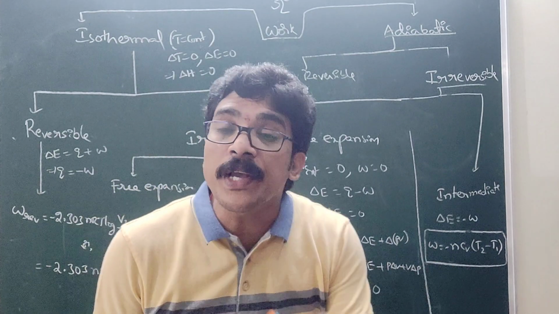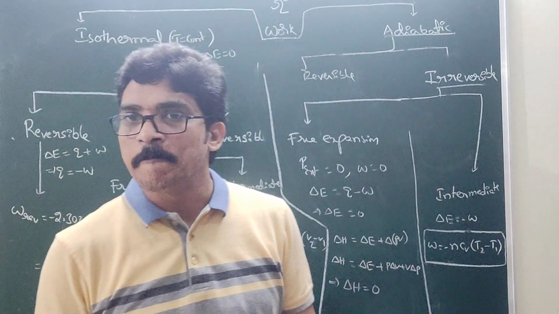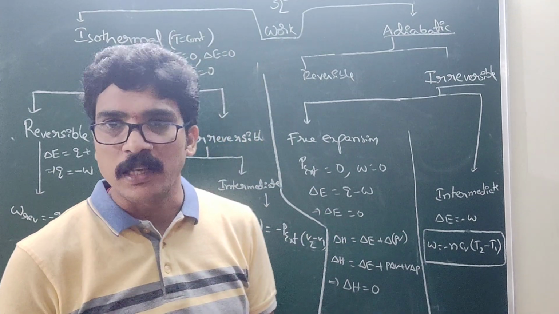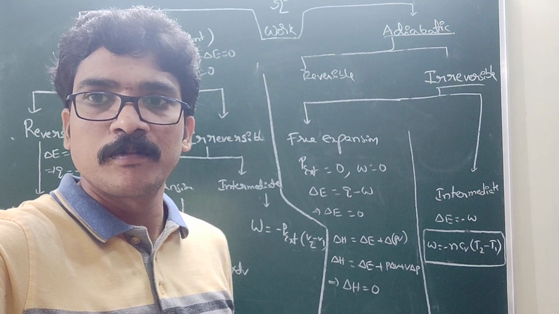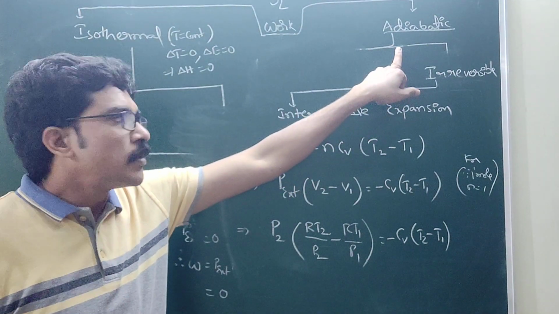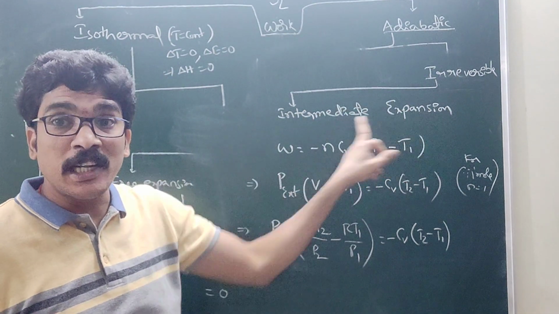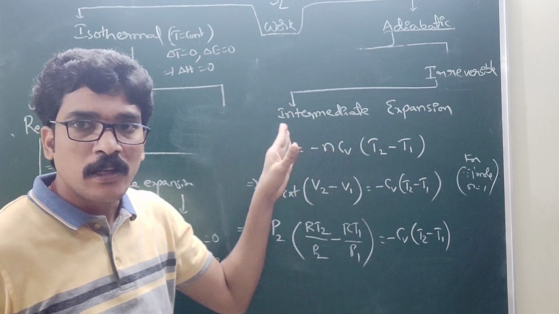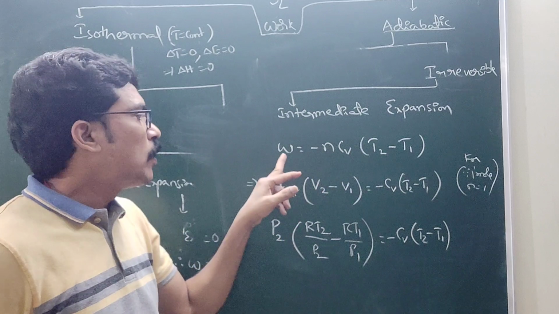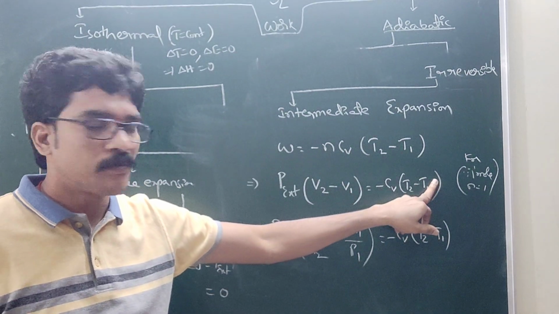But how can you calculate T2 if the T1 value is given and the T2 value is not given? Yes, I can explain here. In adiabatic irreversible intermediate expansion, not free expansion, work can be calculated by the formula minus nCv (T2 minus T1).